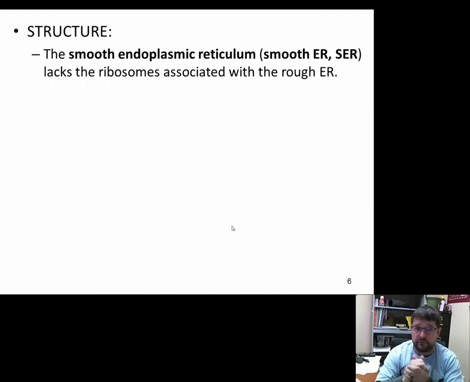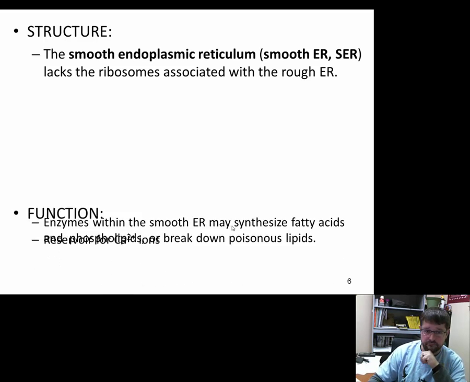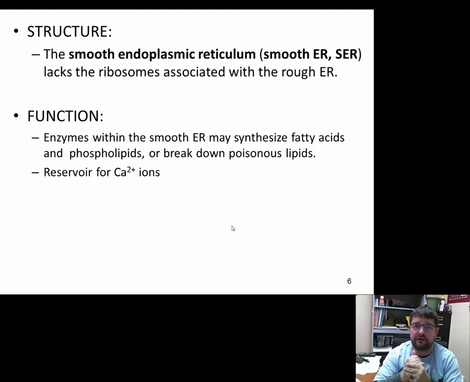So the smooth endoplasmic reticulum, because it lacks ribosomes, you know right away that it has nothing to do with protein synthesis. Instead, this is an area where things like fatty acids and phospholipids can be synthesized.